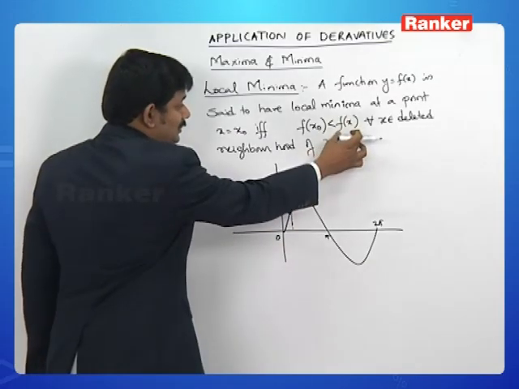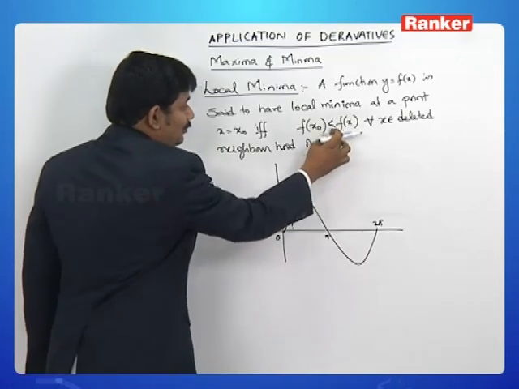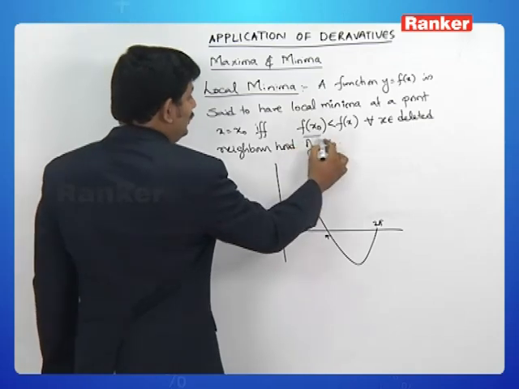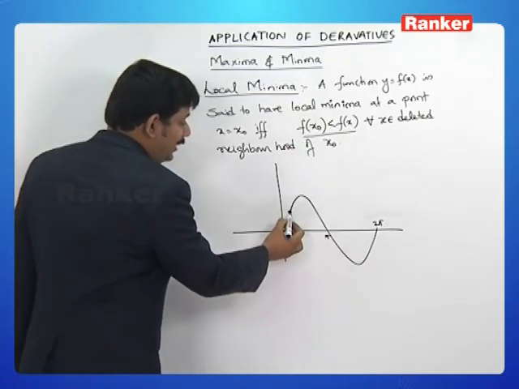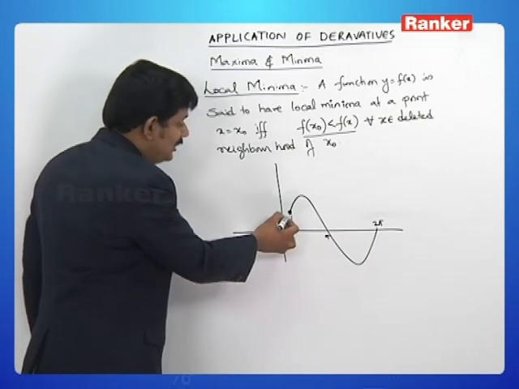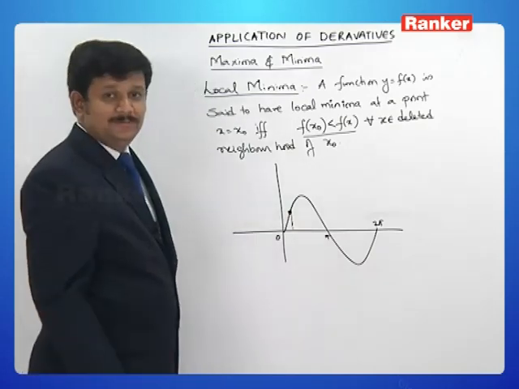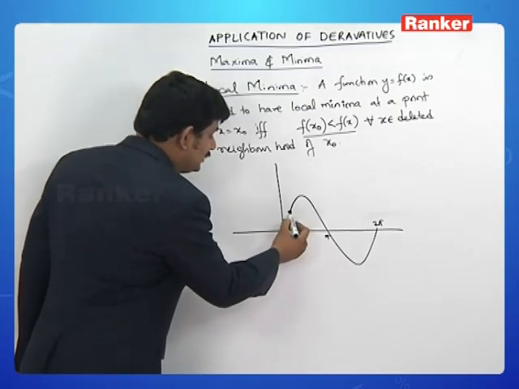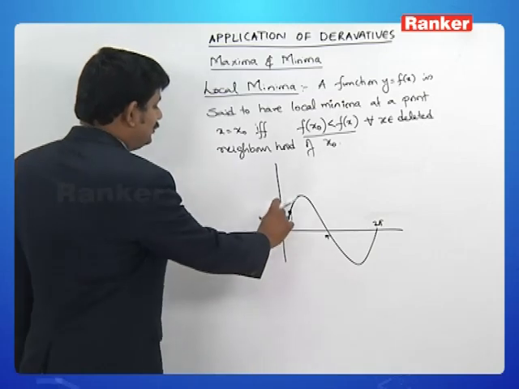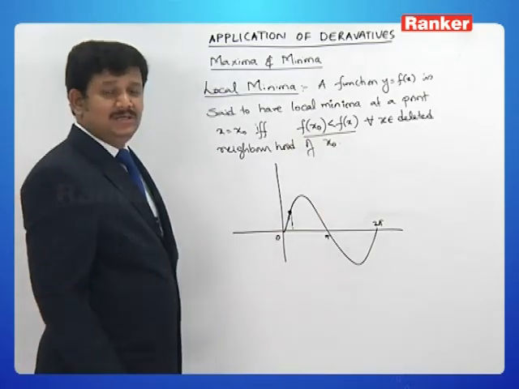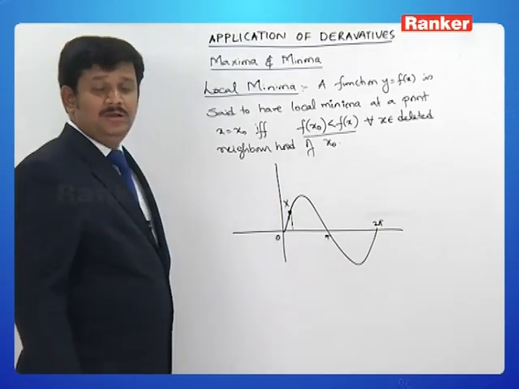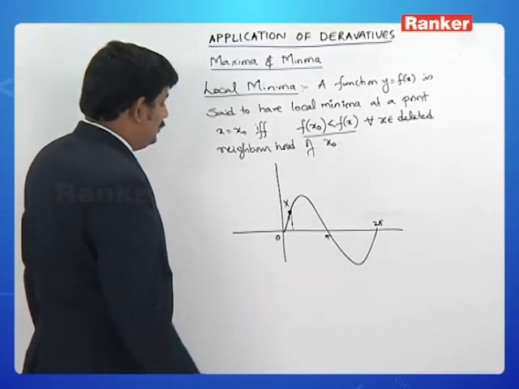Y coordinates to the right neighborhood are more than y coordinate at that point, which is favorable for being a local minima. But to the left, function values we can see are smaller than f of x naught. F of x is smaller than f of x naught in the left neighborhood. So in the left neighborhood, we have a problem with the definition. In the right neighborhood, it's okay with the definition. So this doesn't qualify to be local minima.